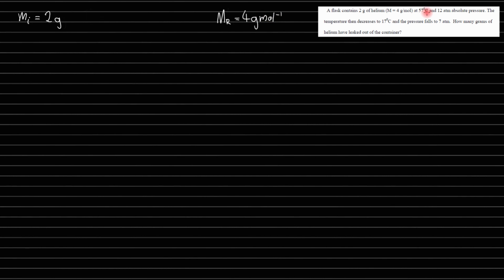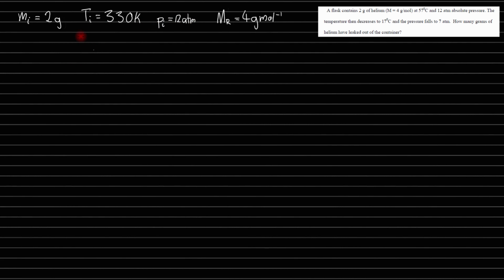We're given a temperature to start off with, so a temperature initial equaling 57 degrees Celsius, or as an absolute temperature, that would be 330 Kelvin, just adding 273 as we usually do. And we also have an initial pressure, little p sub I, equaling 12 atmospheres.